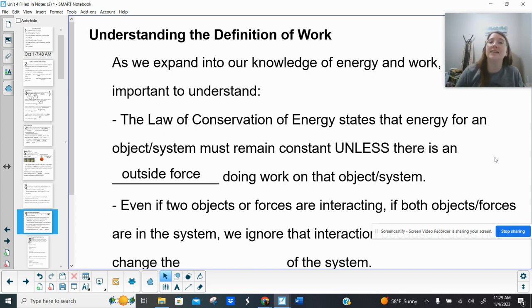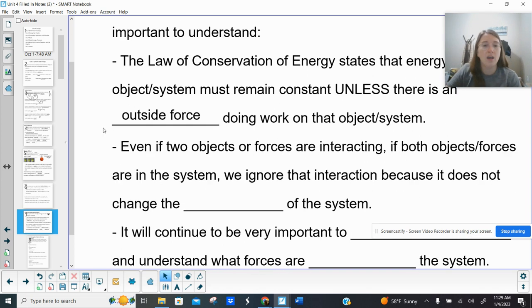What happens is it's converted from one type to another. The total amount is still the same, but a conversion happens if it's a closed system. If there is something outside the system, the energy will not remain constant because that outside thing transfers energy in. So even if two objects or forces are interacting, if both of those are in the system, we can ignore that interaction because it's not going to change the total energy of the system.